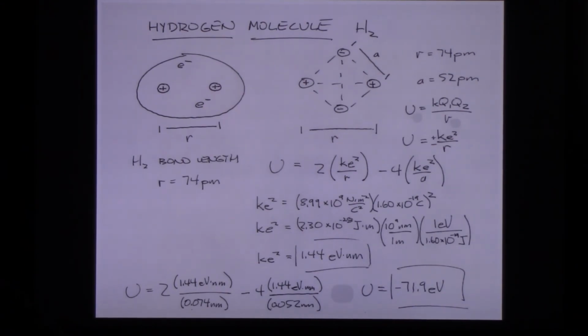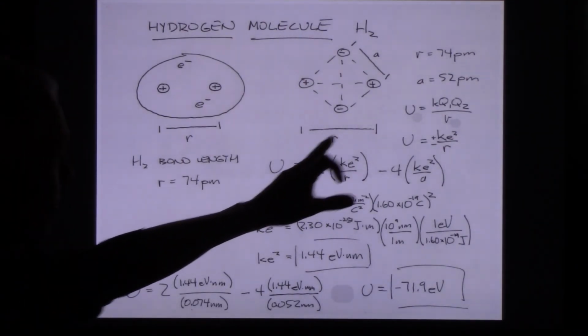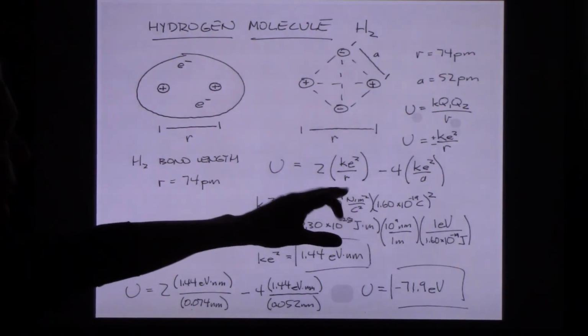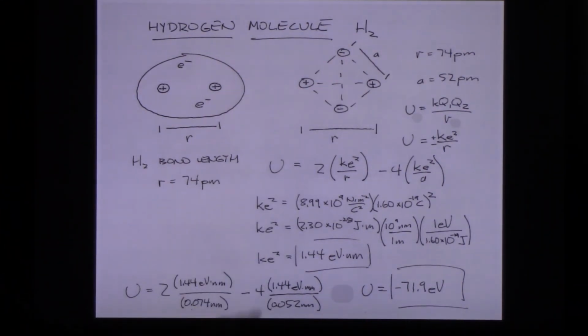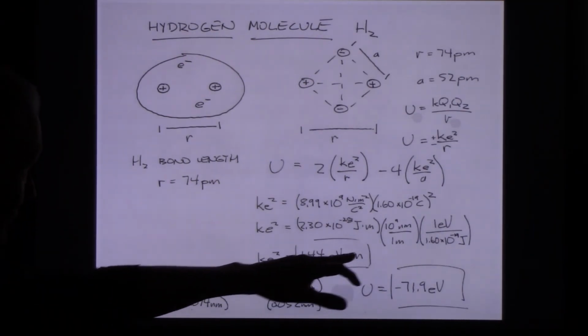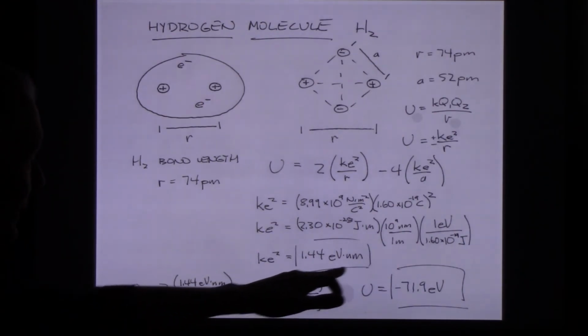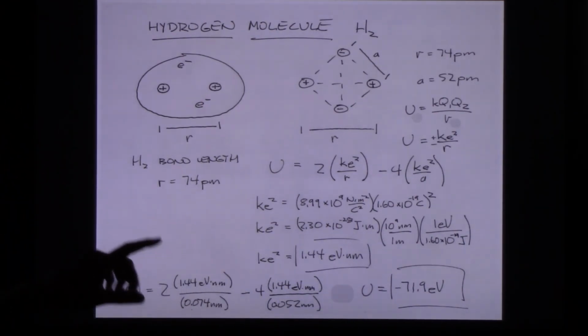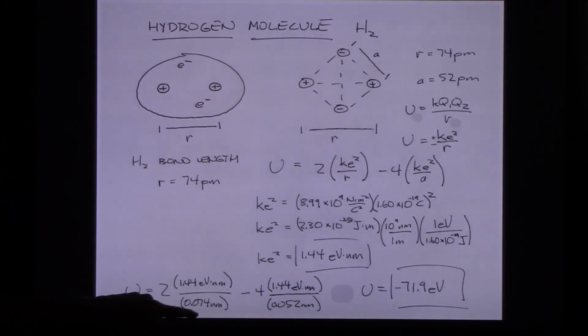That sets us up so that when we're carrying out these sorts of calculations, which are always going to have ke² in them, I calculated the ke² up front in some handy units. What that enabled me to do was put the r's in as nanometers, and the nanometers would cancel.